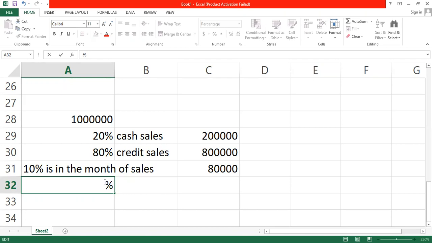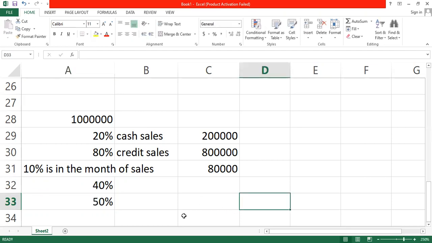So let me make this one 40%, and this will be 50%, so the 80% now becomes 100%.